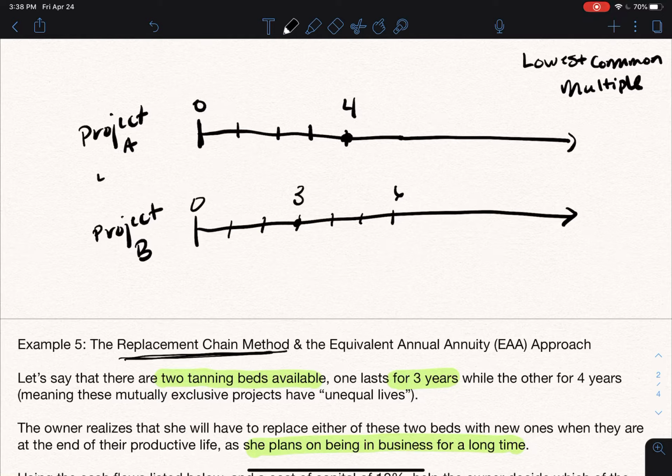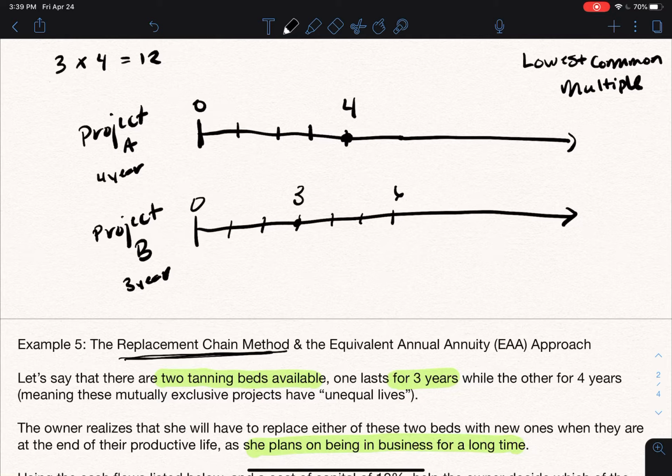One has a 4-year replacement, the other has a 3-year. So we need to find the lowest common multiple: a point in time in the future when both projects are replacing their assets at the exact same moment. Well, it's actually really simple in this case. The lowest common multiple is to take both of these and multiply them together, 12. But I'm going to also demonstrate that visually because I know some people are visual learners.